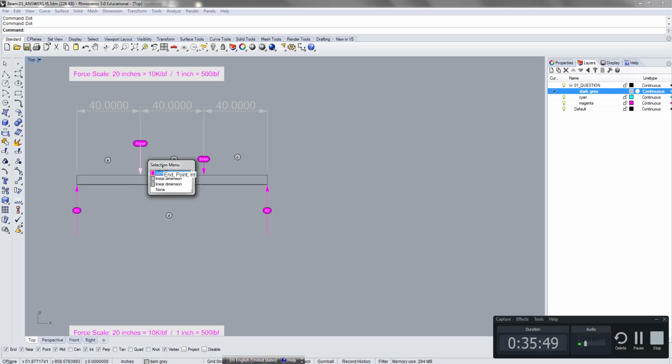And then again, we are going to start the force diagram on the right side by connecting. So this is this one, 10K, and then you're gonna also copy this 5K.